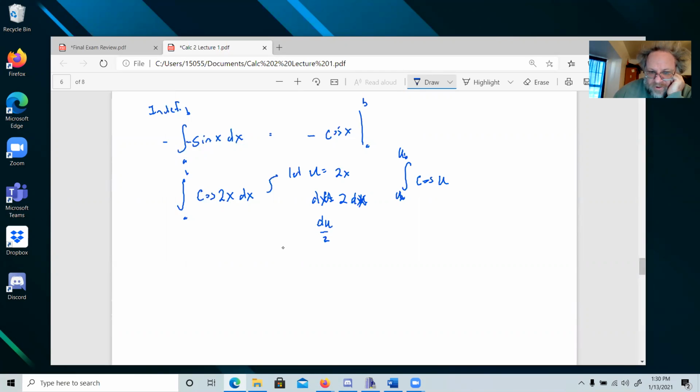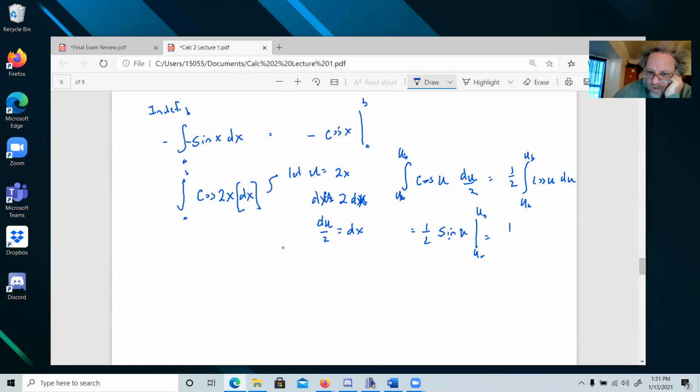So du over 2 is equal to dx. When I substitute for my dx here, we've got du over 2. All right? So this is 1/2 integral cosine u du. What is the integral of cosine? Well, the integral of cosine is sine, because the derivative of sine is cosine.